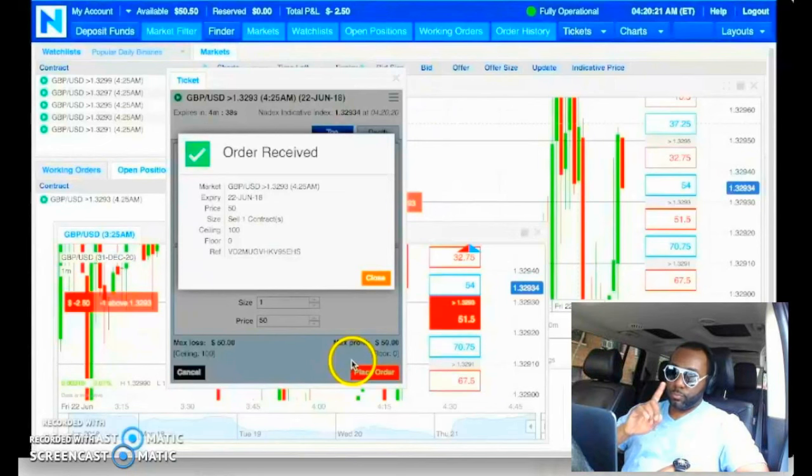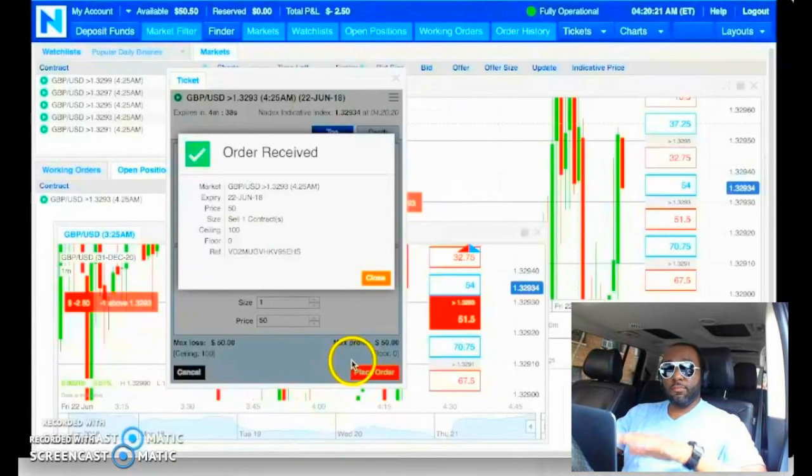Got it? Now, prior to you actually waiting until the end of the option to expire, the pricing on the option also fluctuates with the movement of the market. Okay? When the market moves, so does the price of the option.